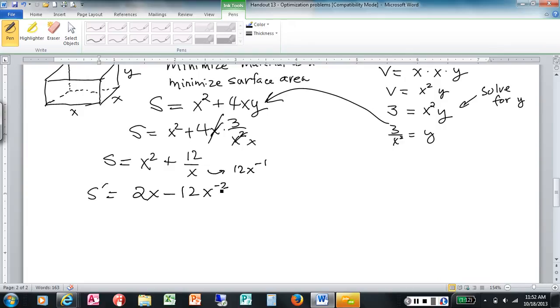I just use the power rule on that. Either way you want. Which is 2x minus 12 over x squared. Is this okay? So the critical number, again, that does not exist, x is 0. That one's out. So I'm just going to set this equal to 0.